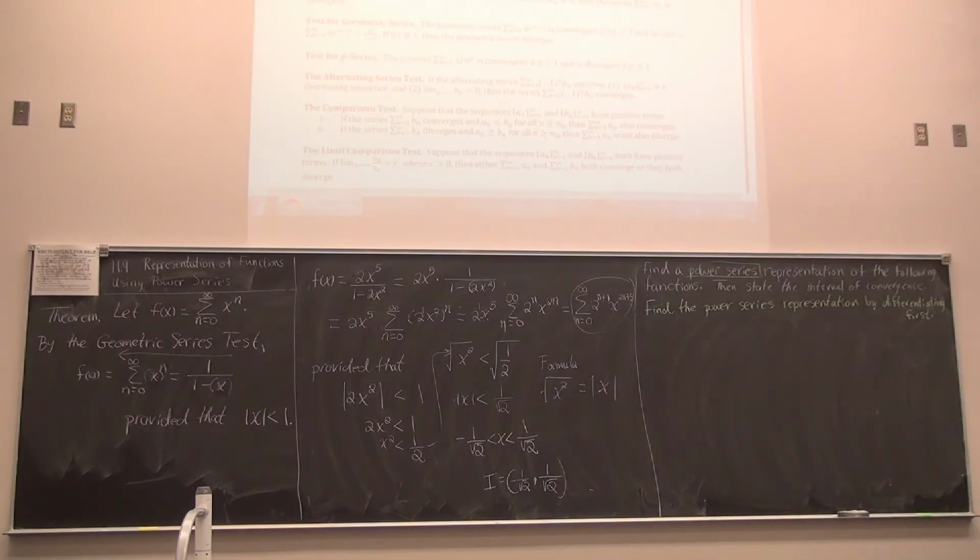So there's a little bit extra to do this time. We want to differentiate the function first so we can find the power series representation, which implies we have to take an antiderivative at some point as well to get back to the original function f of x. So let's see how that goes.